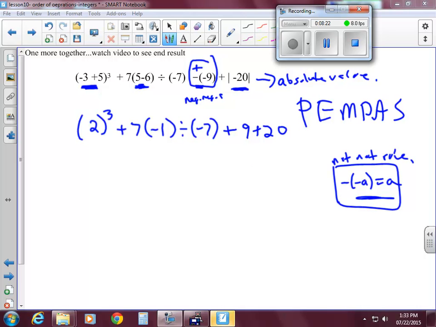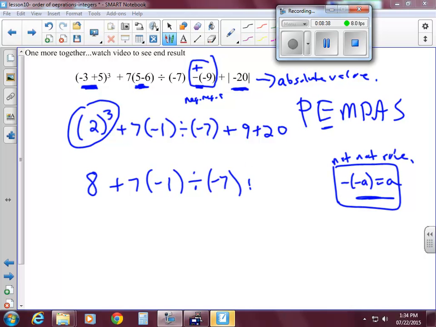Record. Now we're ready to take care of exponents. Negative 2 cubed means 2 times 2 times 2, which is 8. Record. And now I'm going to force myself to record everything left to right. All right. Now PEMDAS says to take care of any multiplication and division before addition and subtraction.